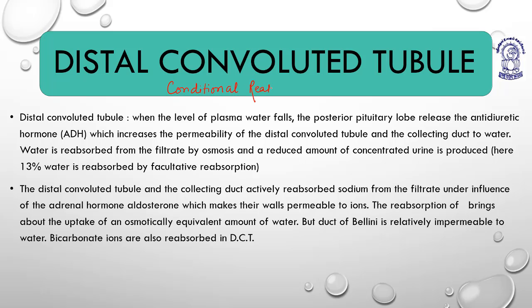So it is a place for conditional reabsorption of water, Na plus and Ca2 plus. The conditional or facultative reabsorption of water is with the help of ADH, Na plus with the help of aldosterone, and calcium ions with the help of parathormone.